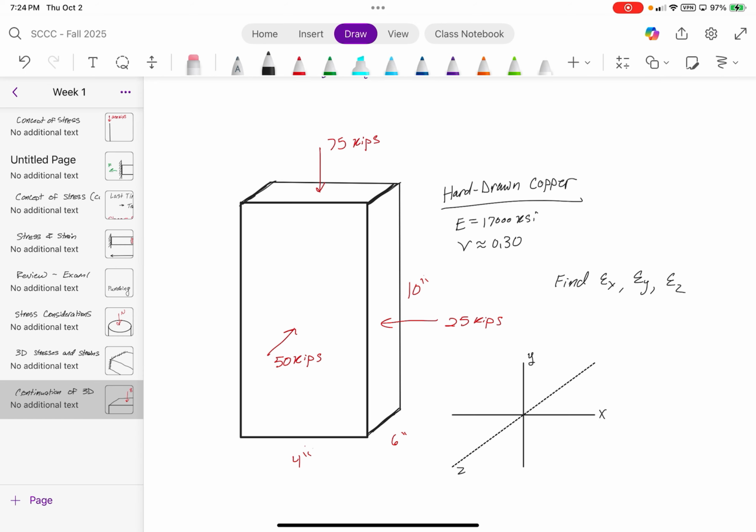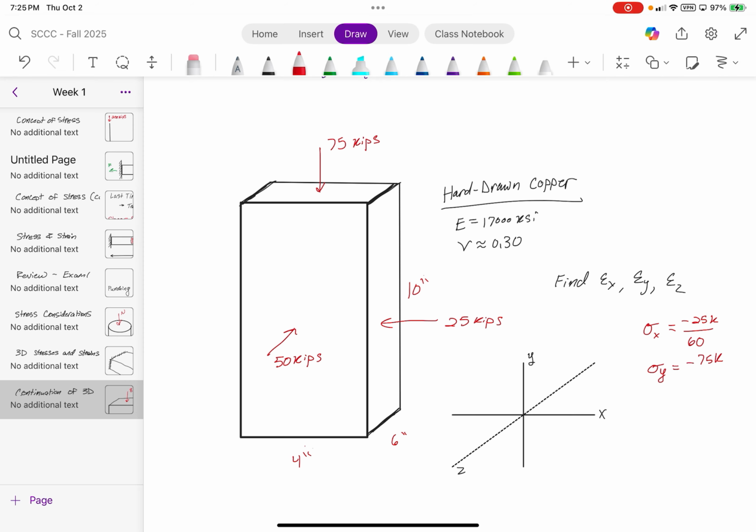All right, we take a look at our coordinate plane. We have sigma x. Which force, first of all, is sigma x? 25 kips. Negative 25 kips divided by 60 inches squared. Sigma y. Which one's sigma y? 75. Positive or negative? Negative.